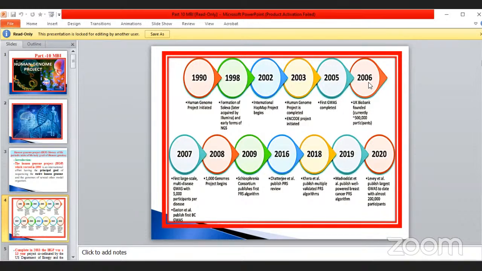So 2006, UK Biobank was founded, currently with 5 lakh participants. 2007, the first large-scale multi-disease GWAS with 5,000 participants per disease, Easton et al., publishing the first breast cancer GWAS. This is another one.